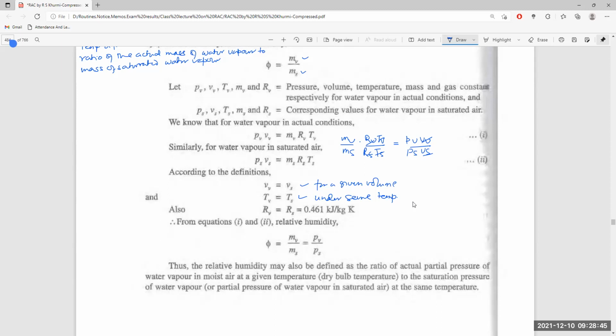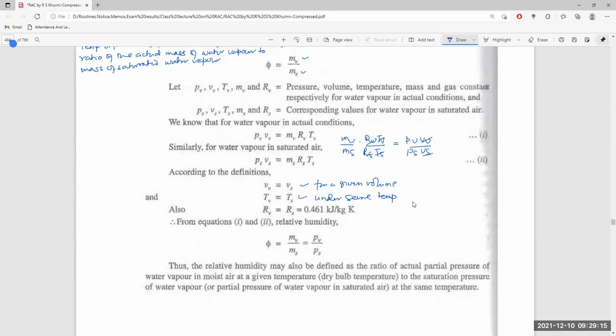Here air is in an unsaturated state, here air is in a saturated state. So the relation between them: the mass of the vapor when it is unsaturated, Mp, divided by the mass of the vapor when it is fully saturating the air, Ms, is equal to the pressure of the vapor in the unsaturated state divided by the pressure of the vapor in the saturated state.